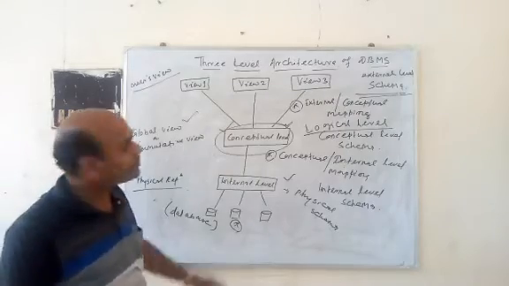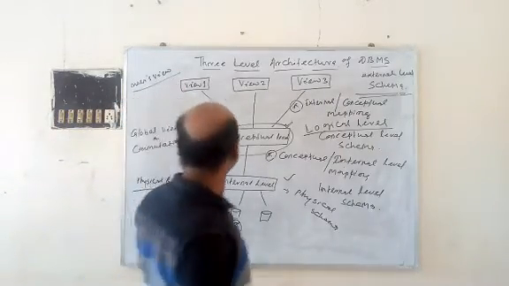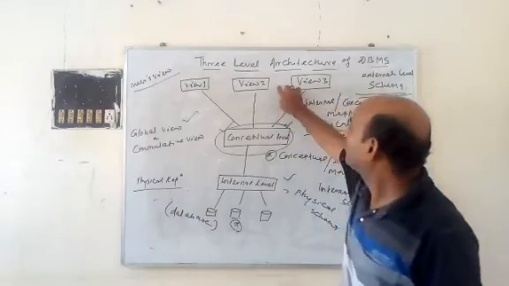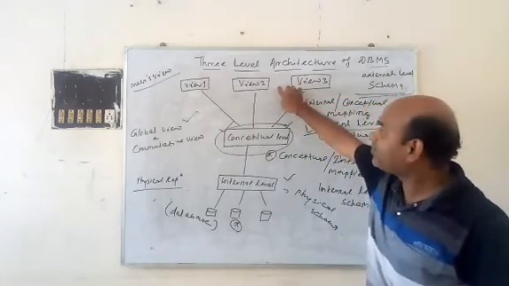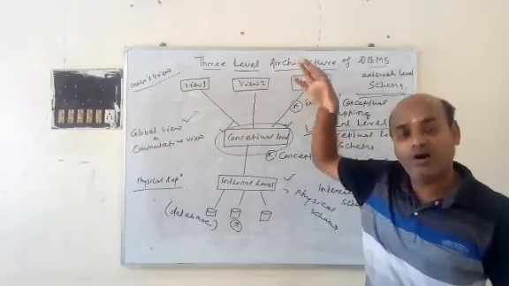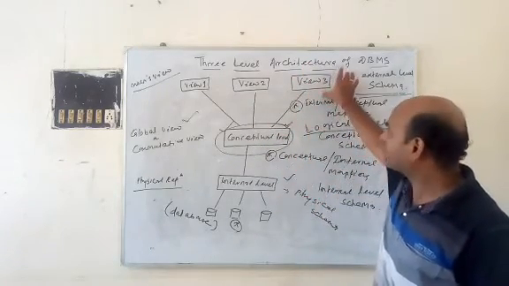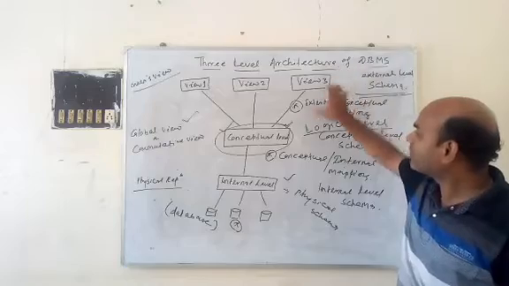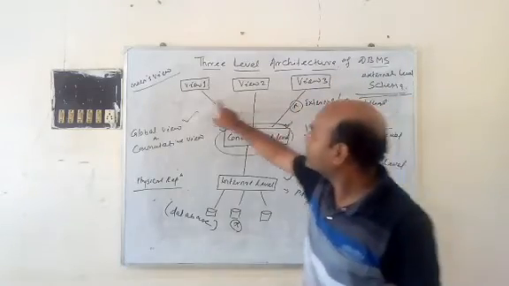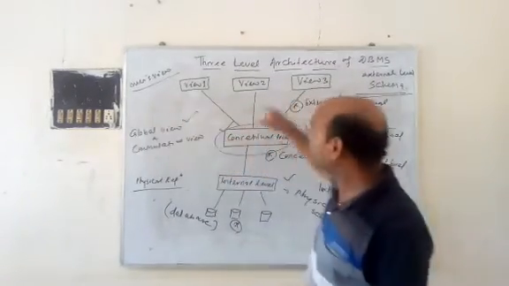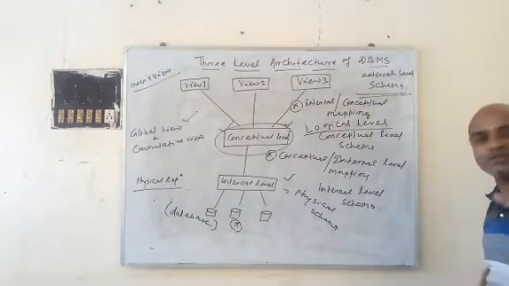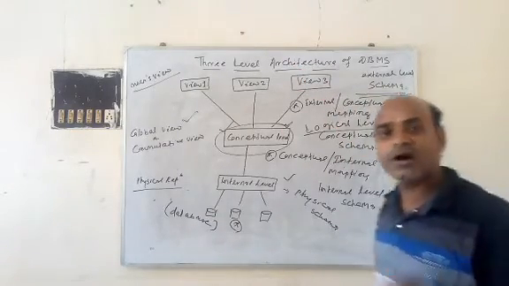In the external view, it derives the objects: what to access, what objects to receive information from, is given at this level. Okay. So this is the importance of the 3-level architecture.